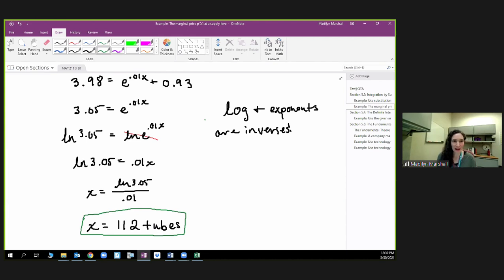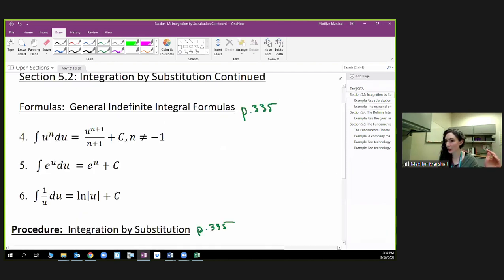Okay, so this is the end of section 5.2. In 5.1, we started using these three integration rules, but just for things that had x's. So it was x to the n, e to the x, 1 over x.